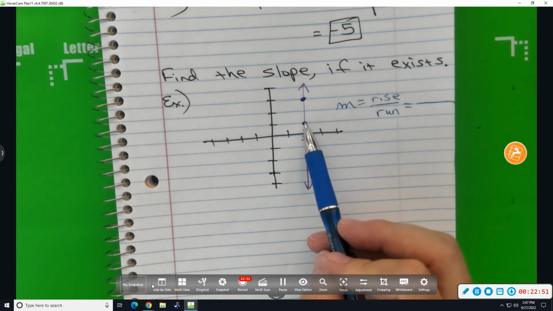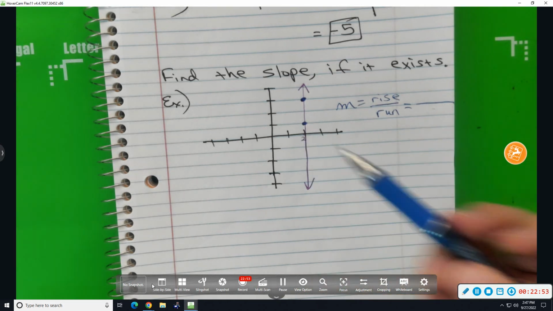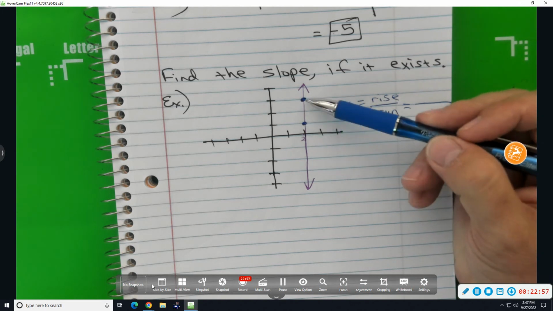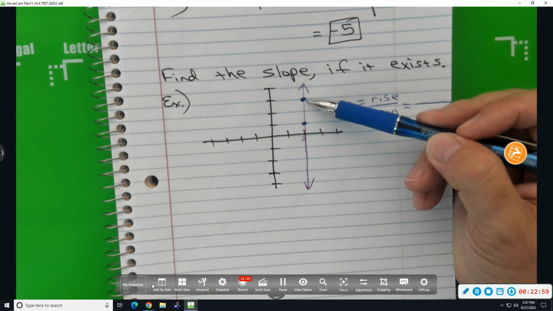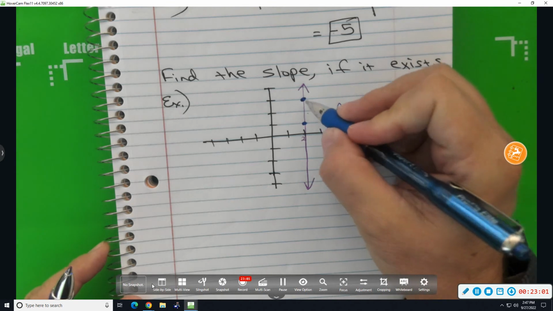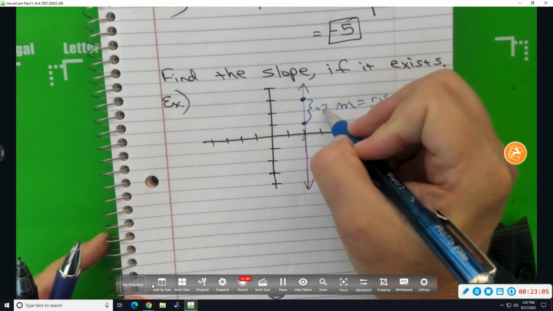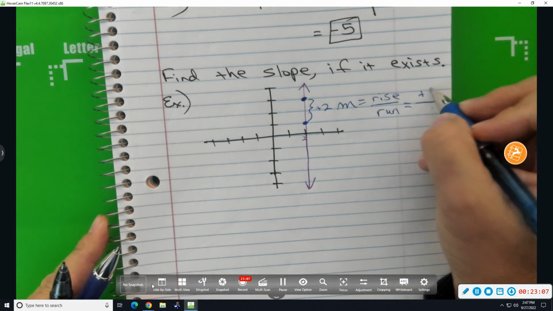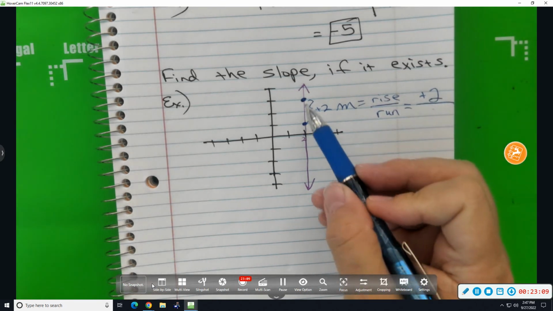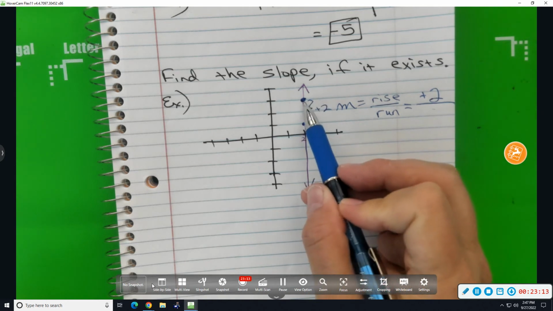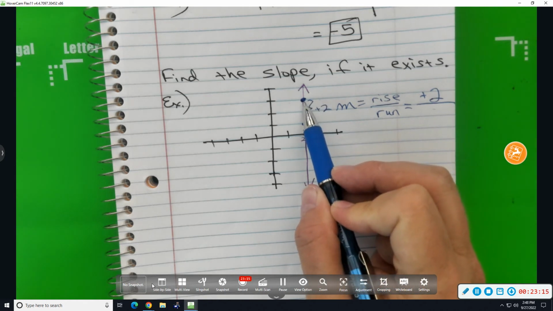So starting here, what would the rise be? Am I going in the positive direction or the negative direction to get to the second point? Positive direction, 1, 2. So that rise is a positive 2. So we went up 2 units.